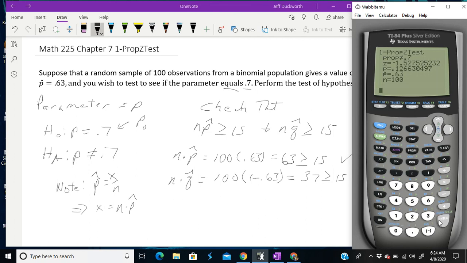This tells us, again, the test we're using, 1-PropZTest. The alternative hypothesis, we don't need the null because we know what the null is. It's always the equal sign. So the proportion doesn't equal 0.7 is what we're testing. And then it gives us the z. That z value is a test statistic. So let's scroll down a little bit on this.